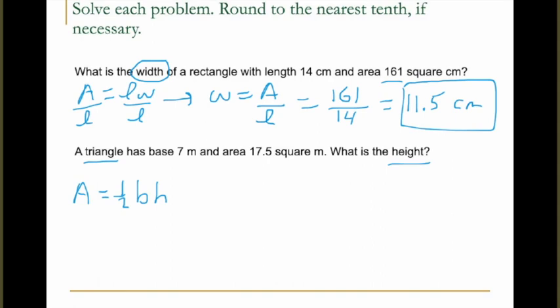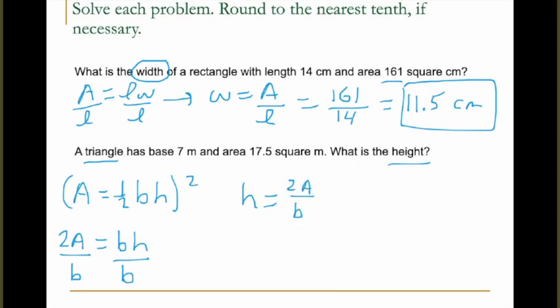The first thing I'm going to do, to get rid of this half, is multiply both sides by 2. Half times 2 is just 1, so 2A equals B times H. Divide by B, and now our rewritten formula is height is 2A over B.